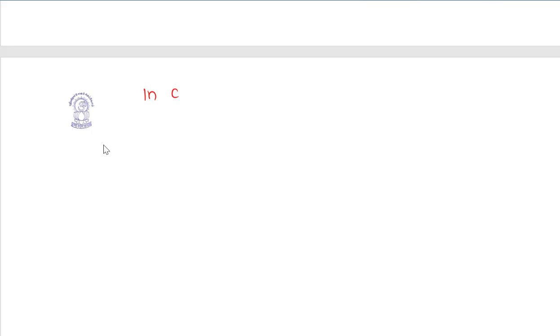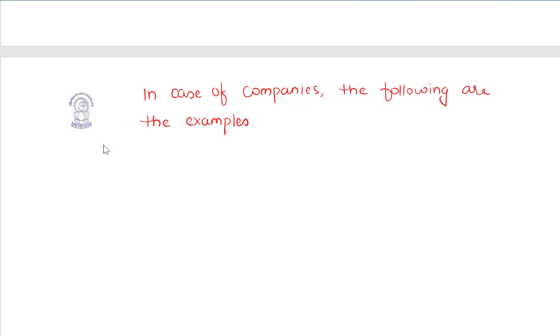In case of companies, the following are the examples of capital profits.